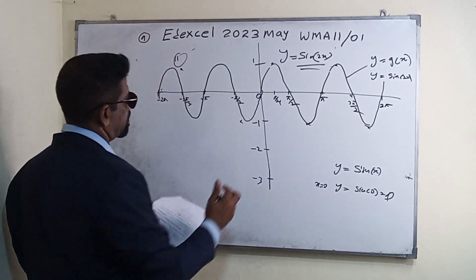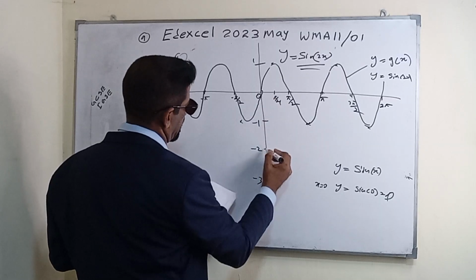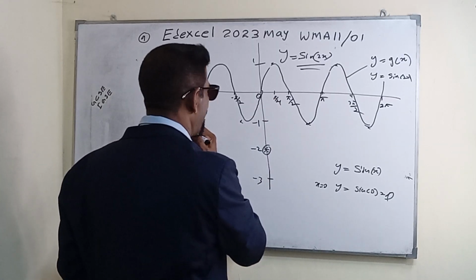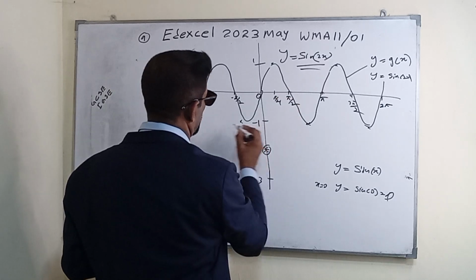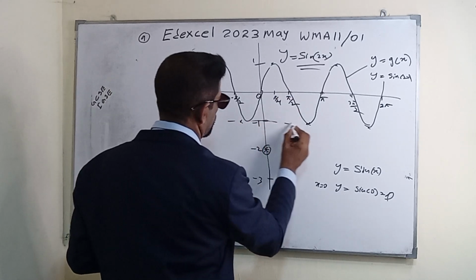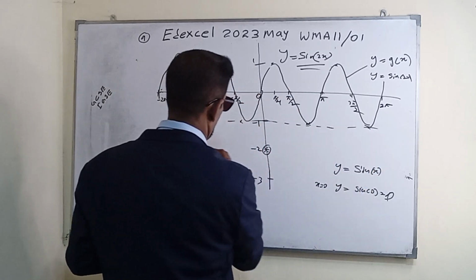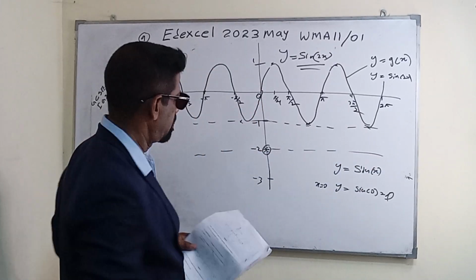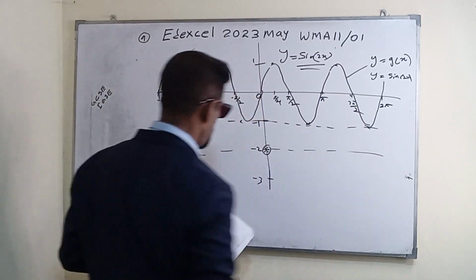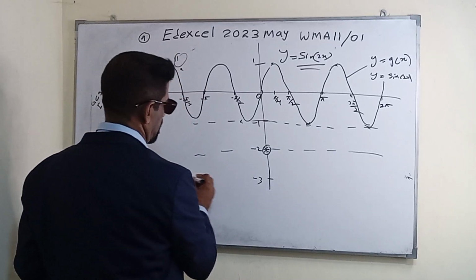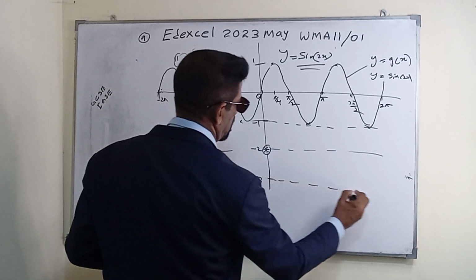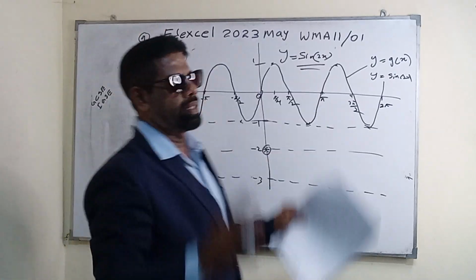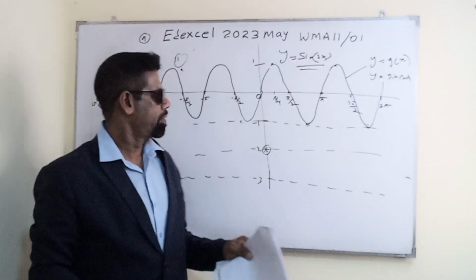Now the original graph moves vertically 2 units down.